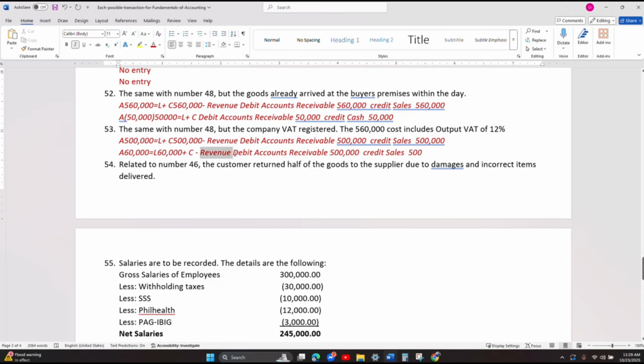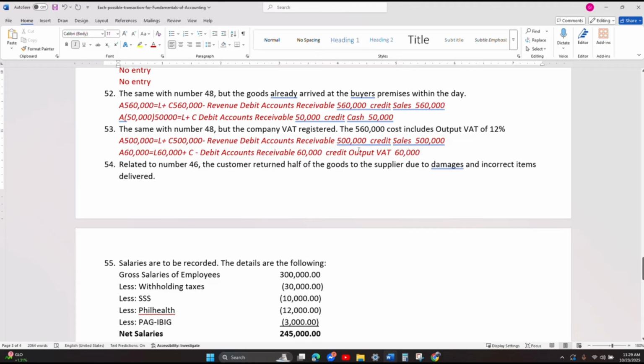So, what is the entry? Accounts receivable, 60,000. And we have output VAT or VAT payable. But since we wanted to distinguish input VAT from output VAT, let's use output VAT.